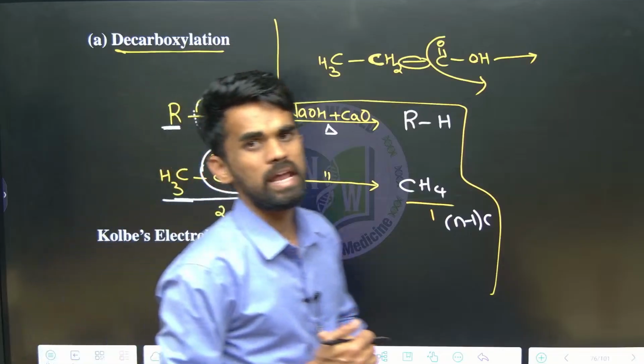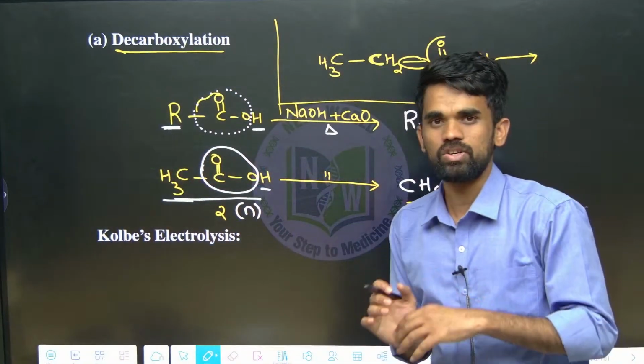We know carbon anions are more stabilized when there is an electron withdrawing group.